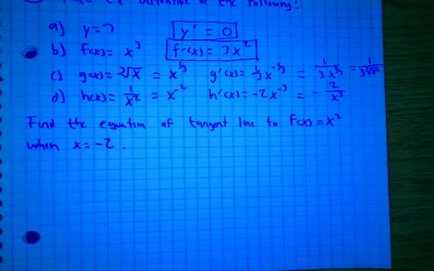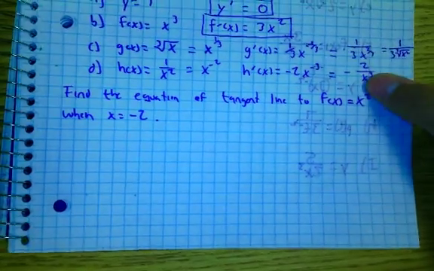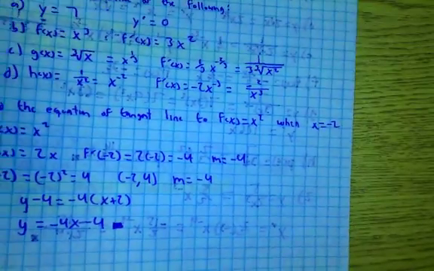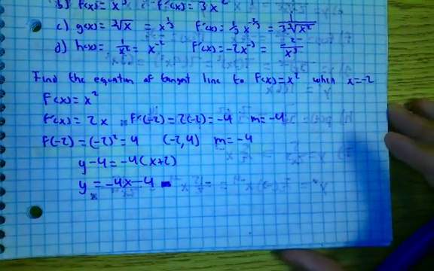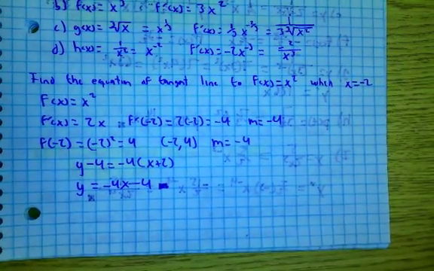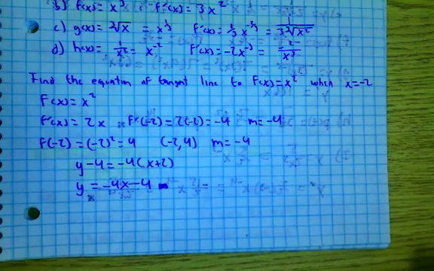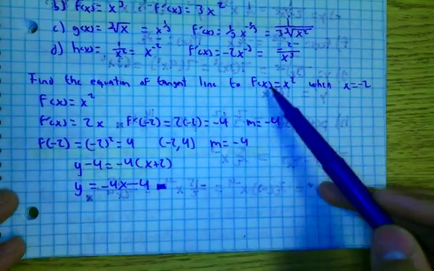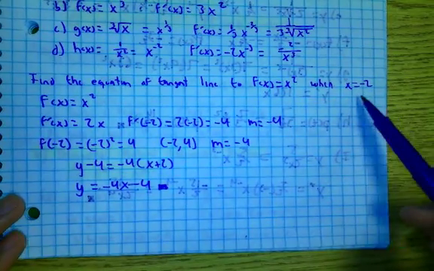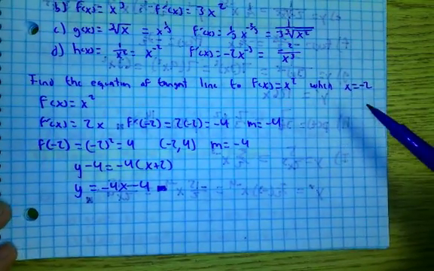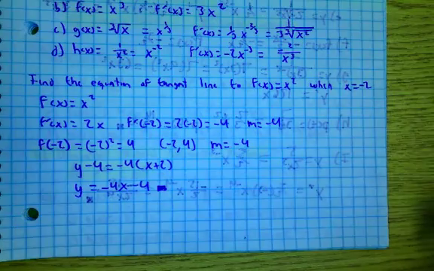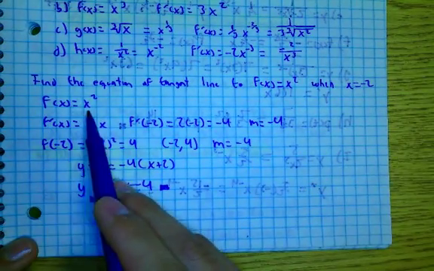Alright, let's check your answer, and let's compare it to what I did here. Okay, so it's a multi-step process, and you gotta kind of keep tabs on what you're doing. Okay, we know that the equation is x squared, and we know that we have the x coordinate of a point, right? So here's what I did first. I know that f of x is x squared, so I found the derivative of it.